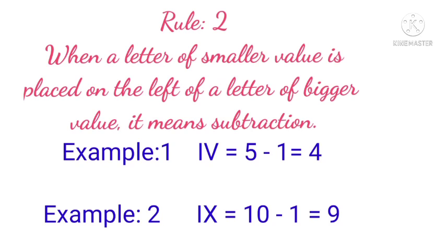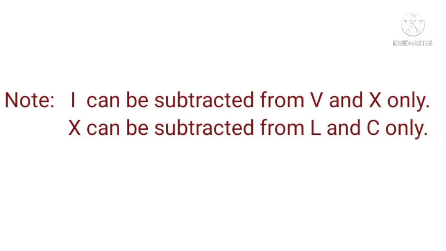Example 2, IX, which is equal to 10 minus 1, that is equal to 9. Children, kindly note, I can be subtracted from V and X only, and X can be subtracted from L and C only.